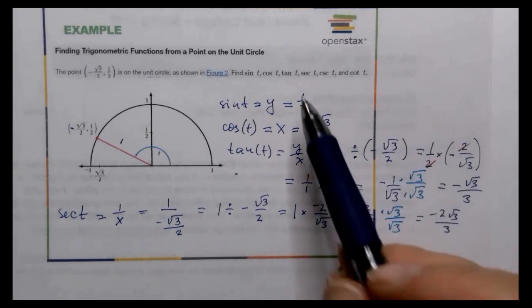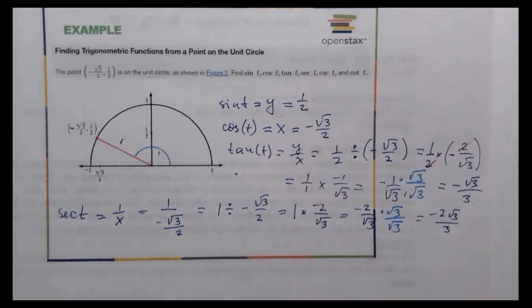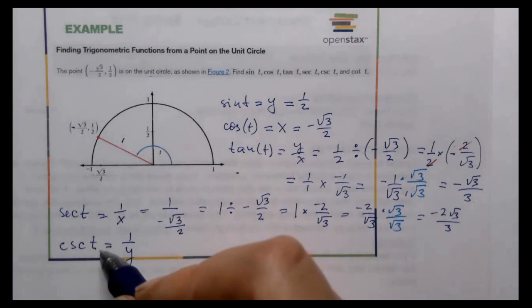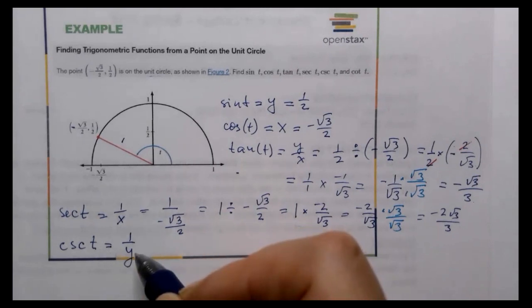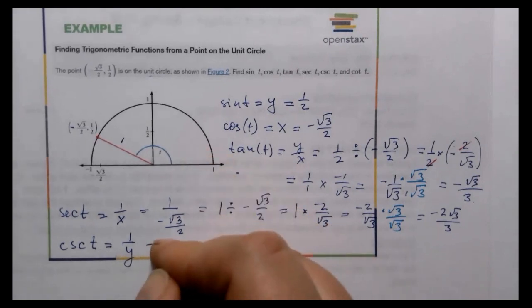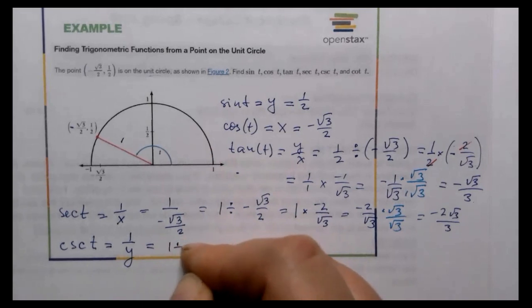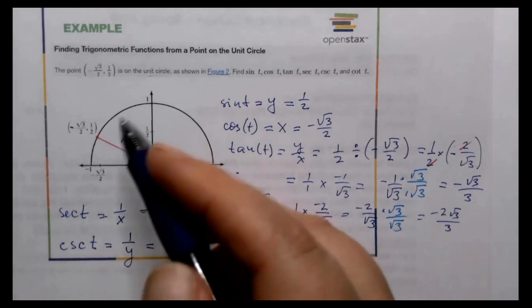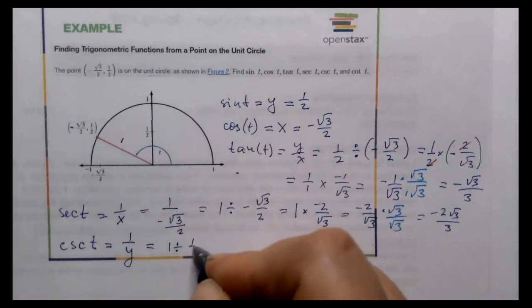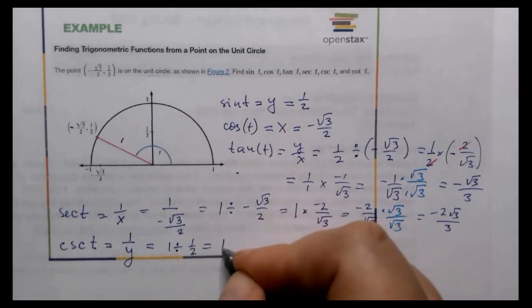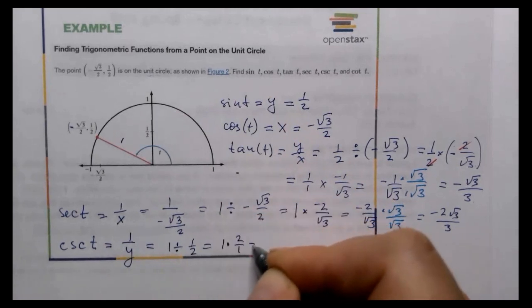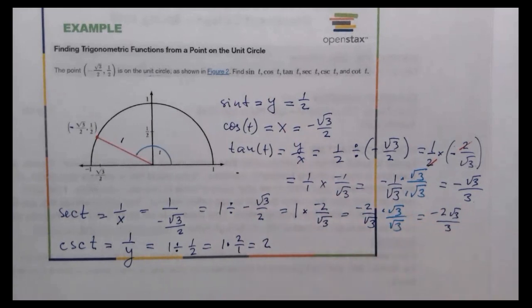The next function that they want us to find, cosecant t, is 1 over y. So we have 1 divided by 1/2, which turns into 1 times 2 over 1, which is basically 2. The next one is cotangent.